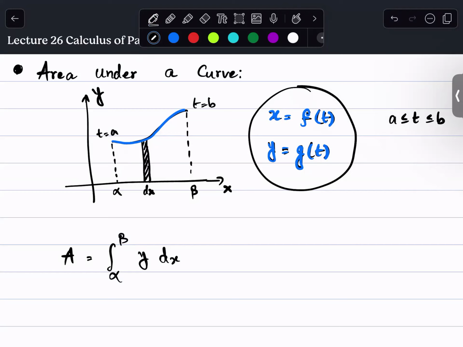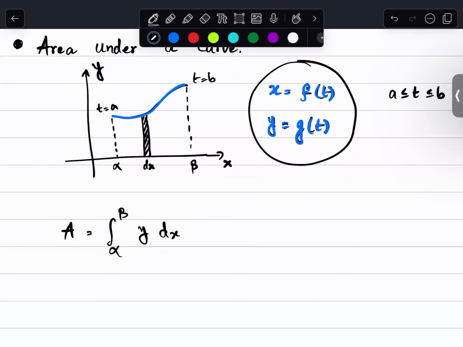If we concentrate on this small slice, then by the previous discussion on area under a curve for an xy equation, we see that this is the expression for area under the curve, y dx, and the range for integration will be from alpha to beta. But here we know that our y is the same as g(t), right? So let's write that down. And now what is dx?